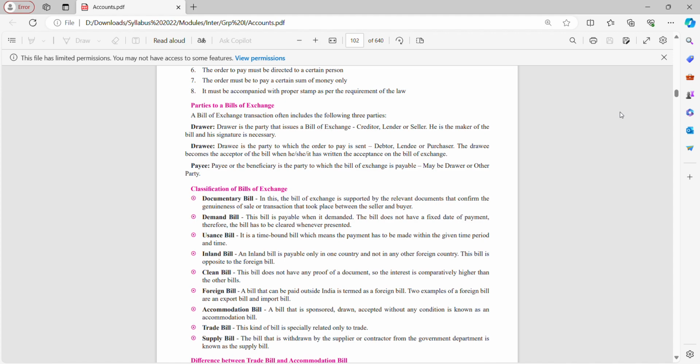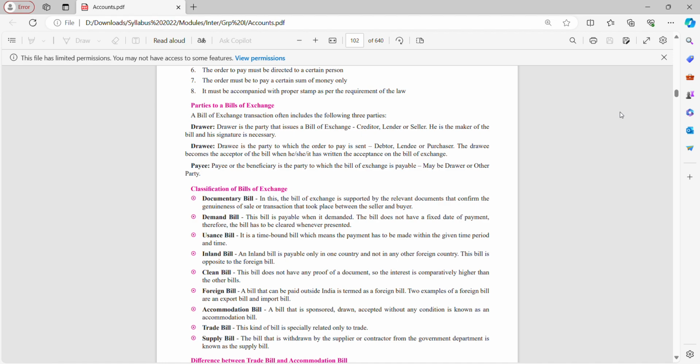We have parties to bills of exchange. There are three parties. Drawer. So I am the drawer of the bill of exchange. Drawer means I am the shopkeeper who has made a credit sale, so I am the one who will be making the bill. The drawer is the party that issues the bill of exchange: creditor, lender or seller.